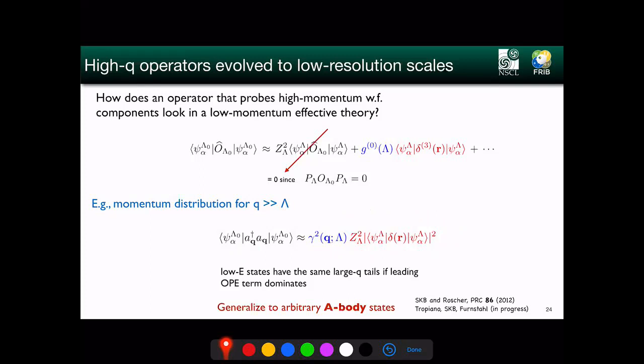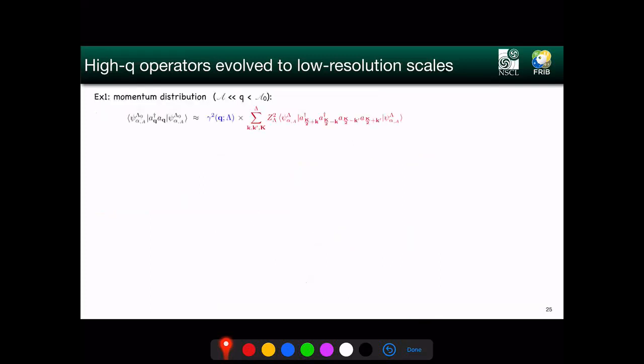Okay, so this is all very schematic, done for the two-body wave functions. I claim you can generalize this to arbitrary A-body states. This was done already almost 10 years ago in this paper with Dietrich Roscher. And then Anthony Tropiano, Fernstall, and myself are currently filling in some of the details in a paper that's in progress.